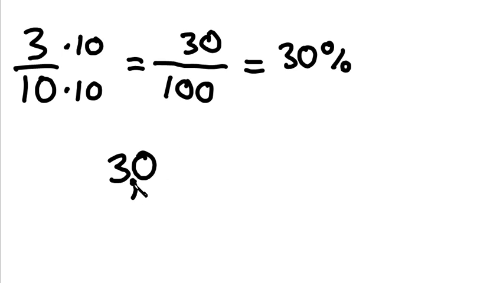When we divide it by 10 again, or 2 zeros, we're going to move the decimal point one step further. So here, since we have nothing here, it's 0. So 0.30 or 0.3.